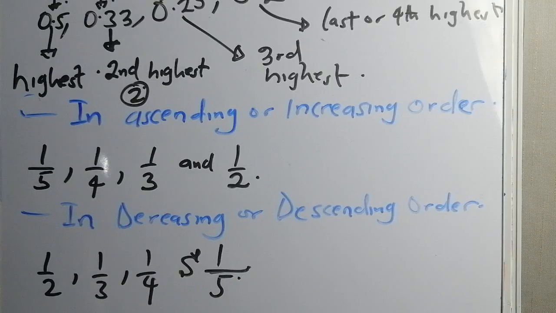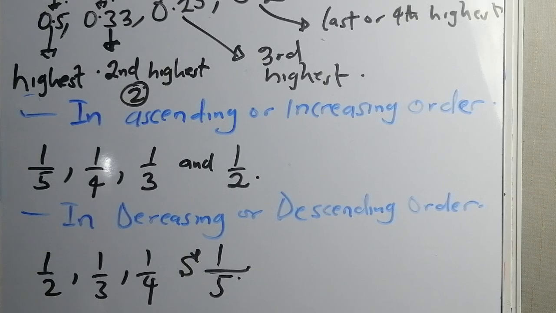It's something you can find the fractions yourself. So in decreasing order, you have 1 over 2, decreasing from the highest to the lowest. For ascending or increasing order, it is from the lowest to the highest.